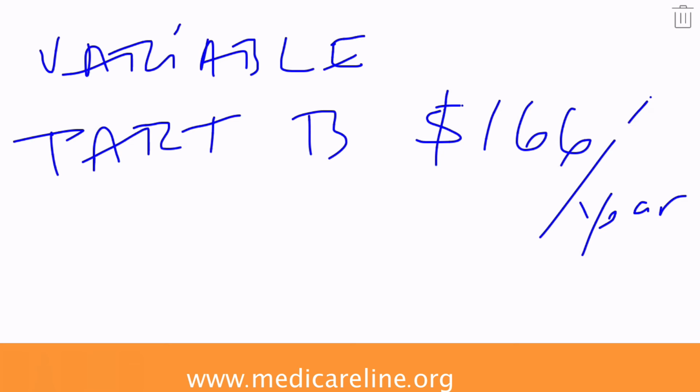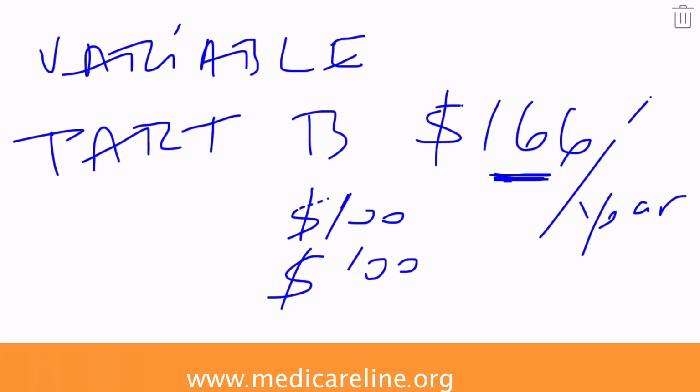And let's say you have a doctor's visit, because Part B covers your doctor's visits. Your doctor's visit was $100 to see the doc. So you're going to have to pay $100 for that visit, okay? Because you haven't reached the 166. Now let's say in a month or two you go again to the doc, and the doctor is going to charge another $100 for the visit, right? So right here you're at $200. So you just exceeded the 166, right?